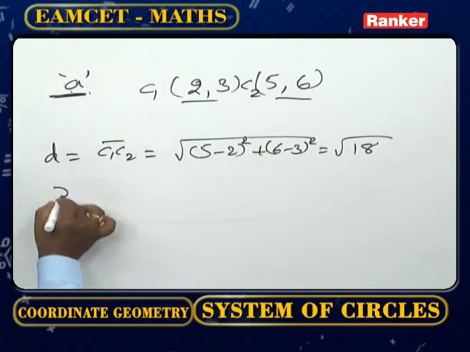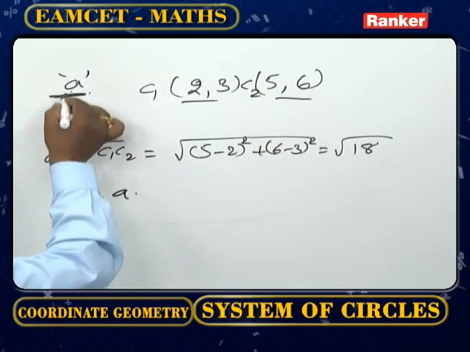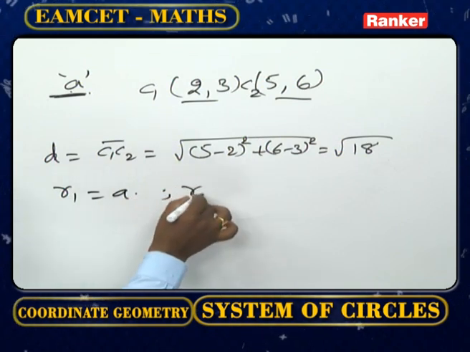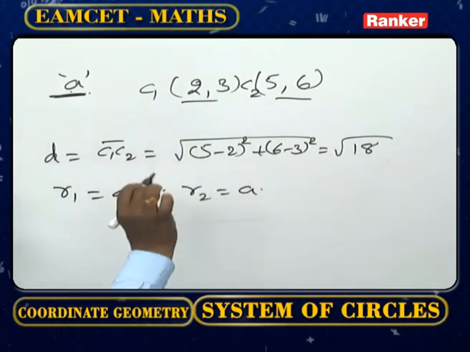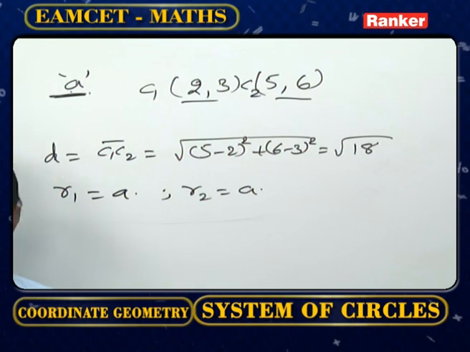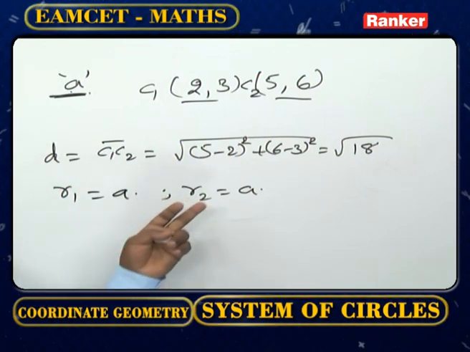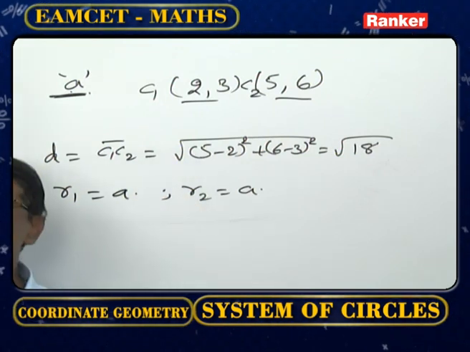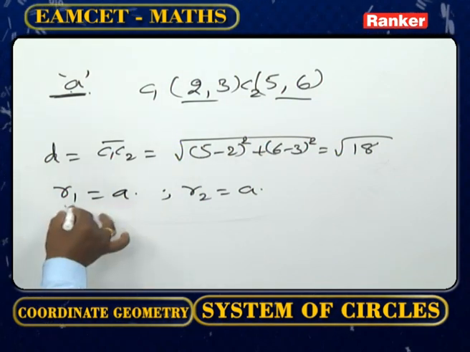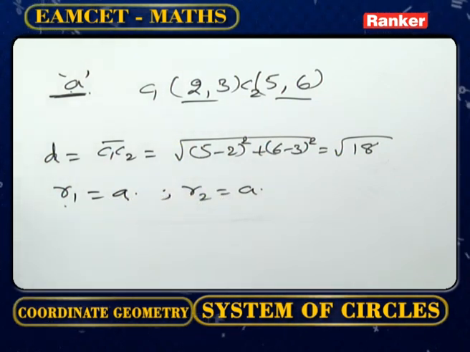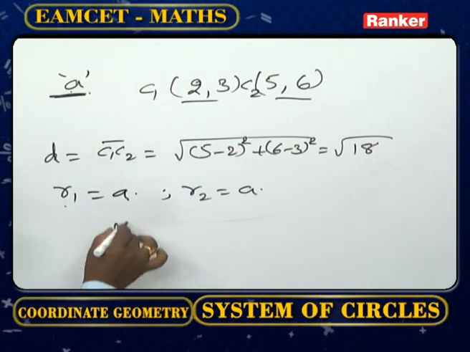Now R1 equals a, the radius of the first circle, and the radius of the second circle is also a, because the problem gives the same radius. So R1 = a, R2 = a. The two circles are orthogonal to each other, or the angle between the circles is 90°.